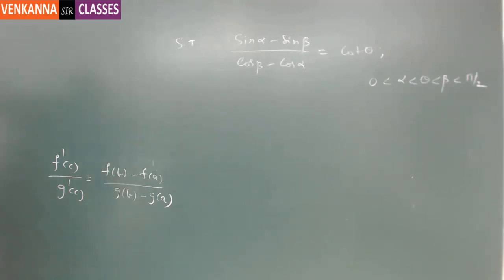So if you have seen this, immediately, if you talk of trigonometric properties, it is somewhat difficult to assume what trigonometric properties you are going to apply here. Apart from this, if you visualize that sine and cos are two different functions which are given in a fraction, since in the numerator the sine function is dominant and in the denominator the cos function is dominant, we have a thought: can we apply Cauchy's mean value theorem there?